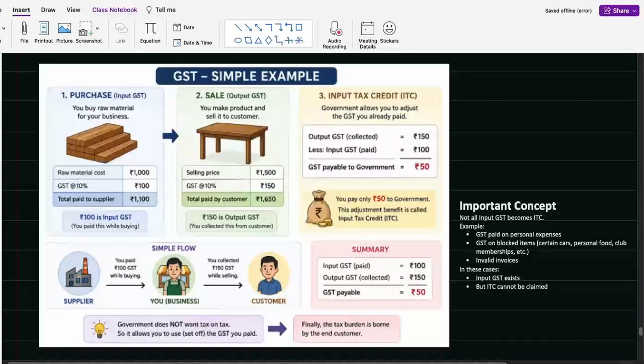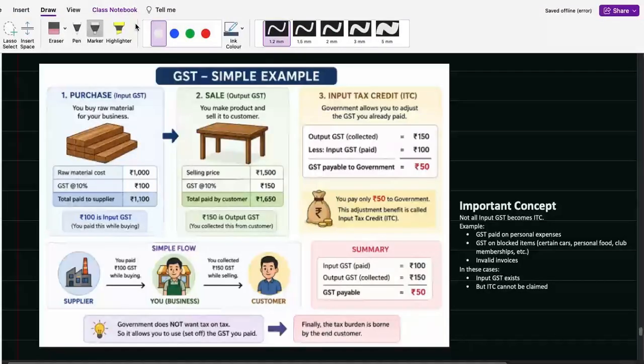See, one person is having a shop. He is purchasing raw material of 1000 rupees and the GST on the raw material is 10%. So in total he is paying the supplier 1100 rupees. Got it? Now he is making a product and selling it for 1500 rupees.